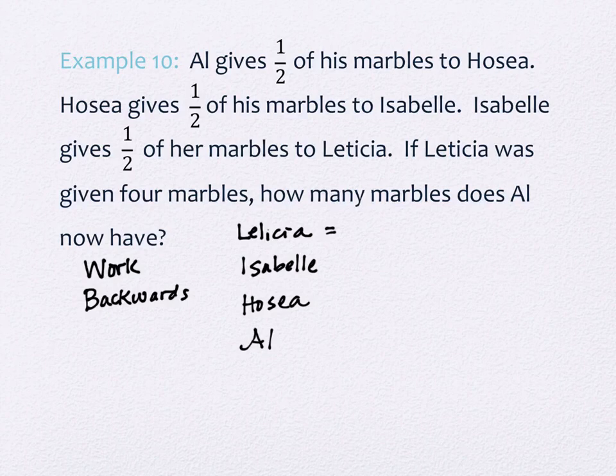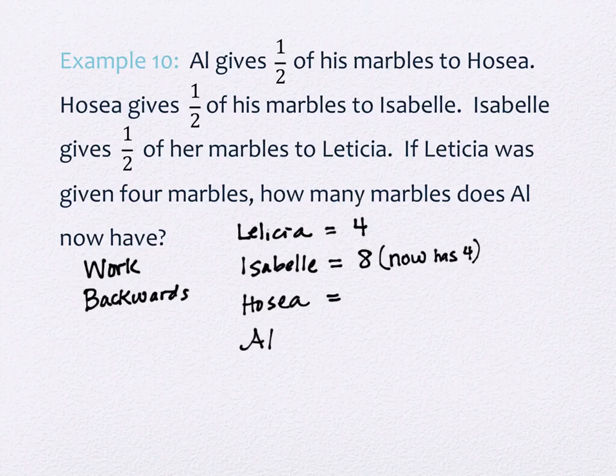There it is. Letitia was given 4 marbles. But her 4 marbles all came from Isabel, and Isabel gave her half of what she had. So Isabel actually had 8 marbles, and she now has 4. Because she gave 4 of them to Letitia. But she started out with 8.